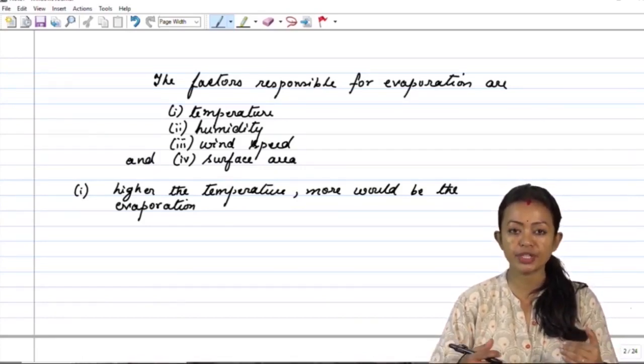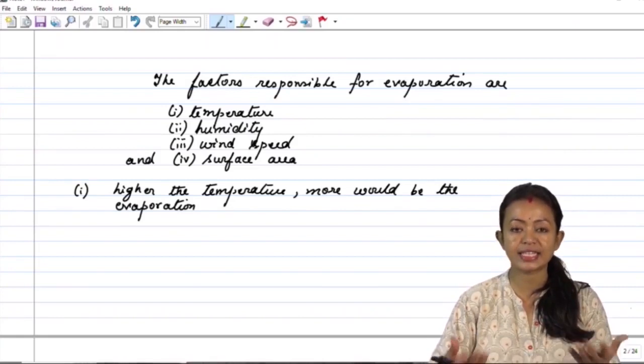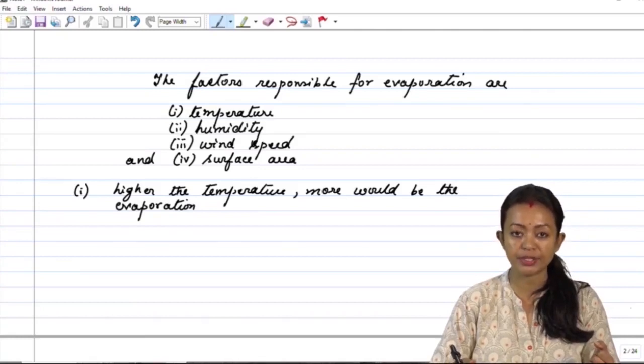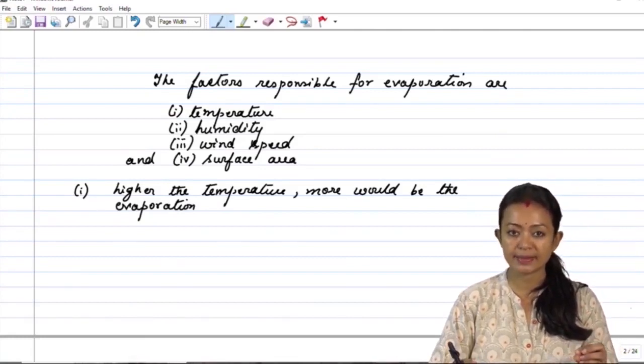So more the temperature, more would be the energy intake, and it will have more kinetic energy to free itself from the bond that exists between the liquid particles, and that gets converted into the vapor state. So we see that the evaporation rate increases when we increase the temperature. Similarly, if we decrease the temperature, the rate of evaporation would also decrease because the energy input is less.